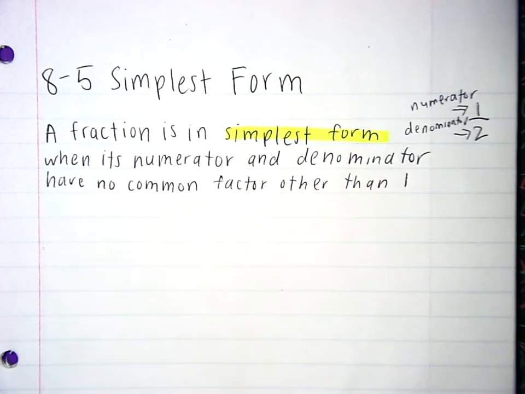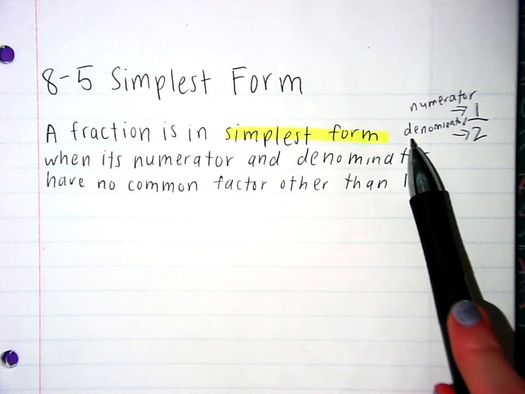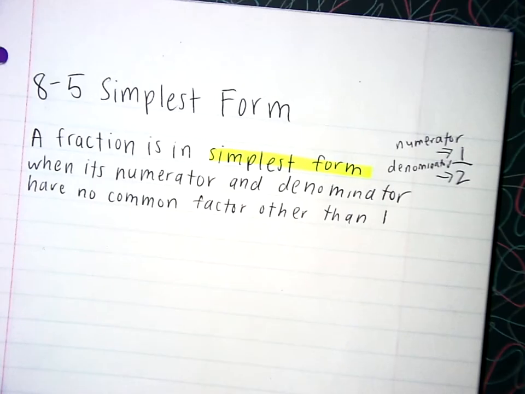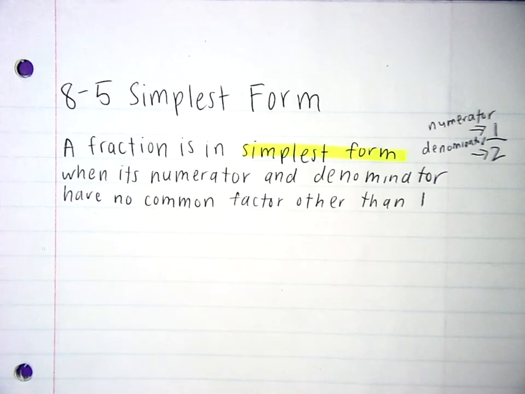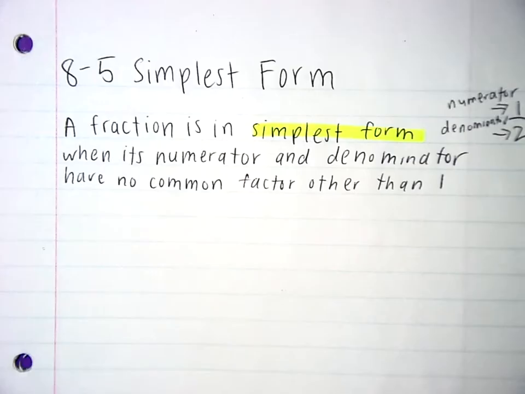If you have a hard time remembering which one's the numerator and which one's the denominator, the D of denominator stands for down, which is the down part of the fraction. So, just a quick reminder of what a numerator and a denominator are.